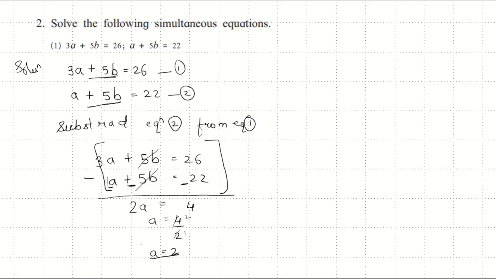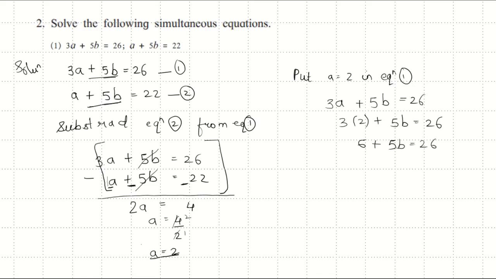Now put a = 2 in equation 1. Equation 1 is 3a + 5b = 26. 3, the value of a is 2, plus 5b is equal to 26. 3 twos are 6, plus 5b is equal to 26.